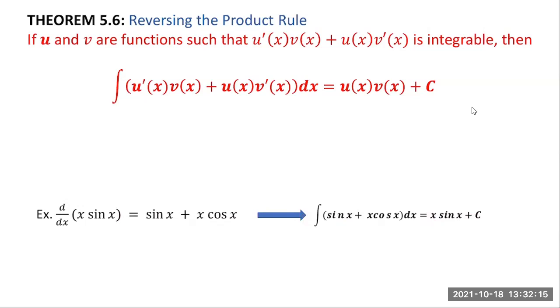So this is what we call undoing the product rule. If you know that you have the derivative of this particular product, then the integral of this piece would be your original function, x times sine x plus c. All right, this theorem motivates the idea of integration by parts.